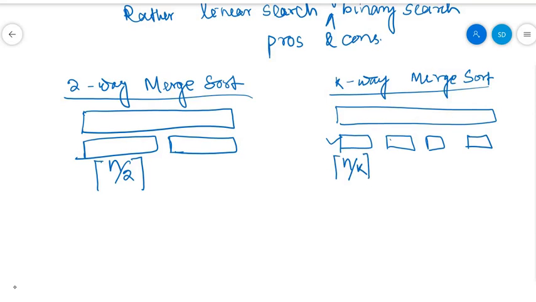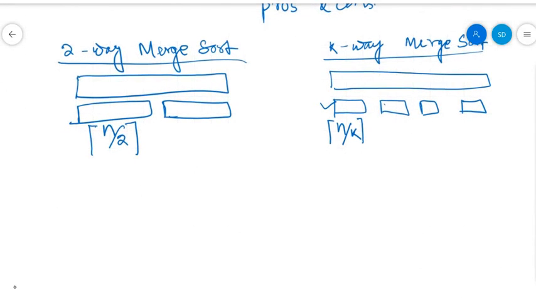Now we can compare the time complexity. Here T(n), the time complexity of an n-length input, depends on two sub-inputs of length n over 2, plus the extra time complexity of the merging procedure.